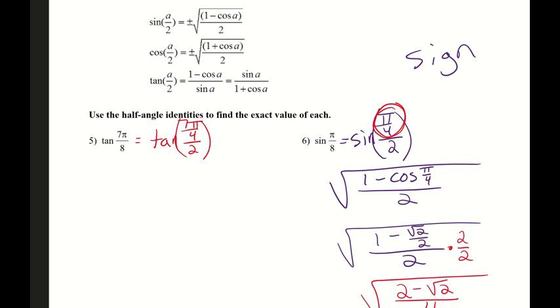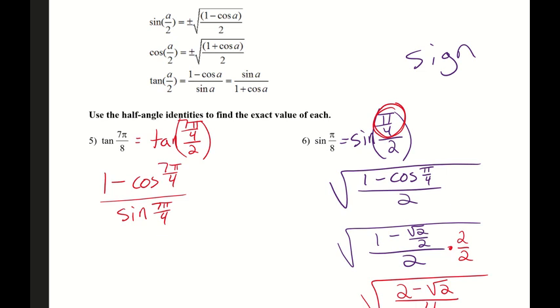Now, there are two different formulas here, and you can use either of them, whichever speaks to you for the problem. I want to do the 1 minus cosine of a divided by sine of a. So this will be 1 minus the cosine of 7 pi over 4 divided by the sine of 7 pi over 4.